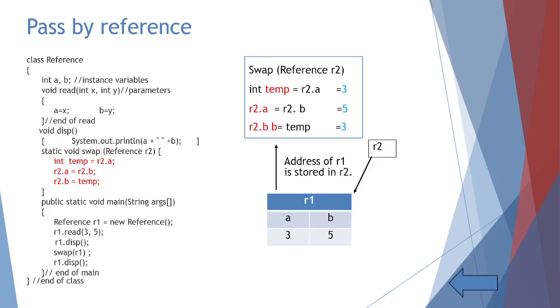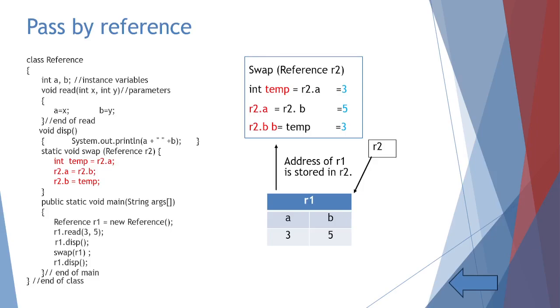Now we know that static methods, if they want to use the instance methods or variables, they need to create an object. So let's understand what is written in main method. Reference R1 is equal to new reference, creating an object because we want to call the instance methods.